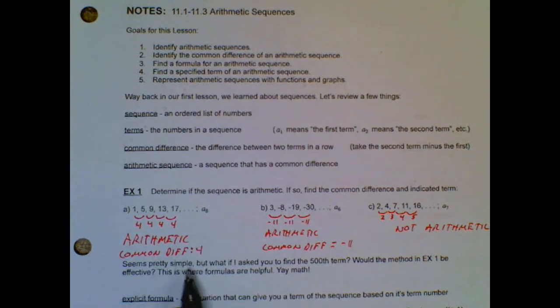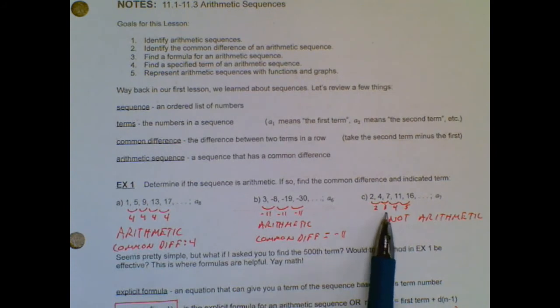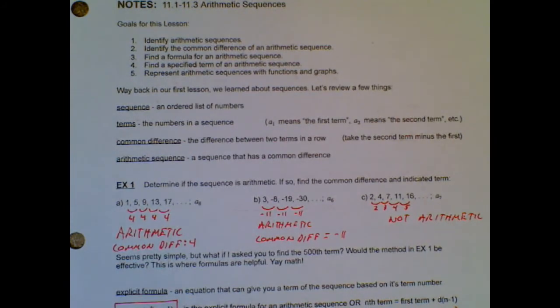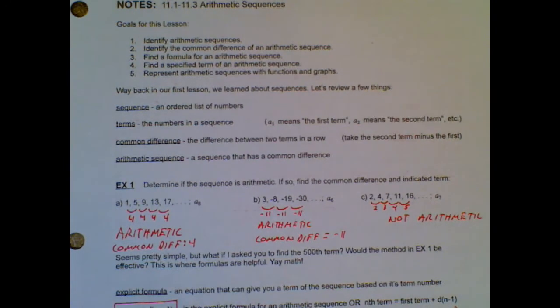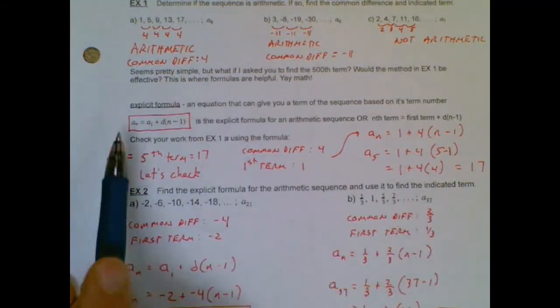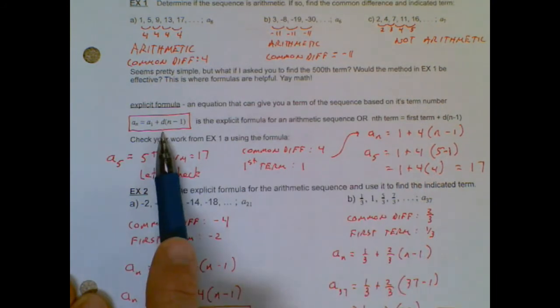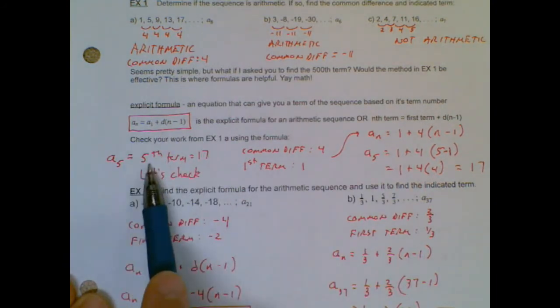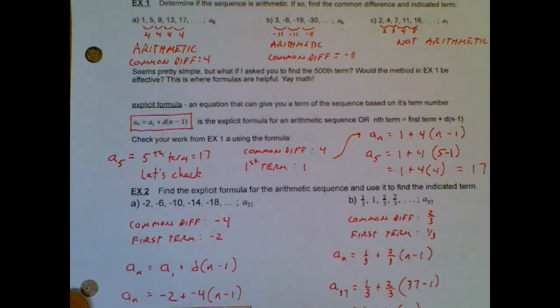This next section shows you an example of a sequence that's not arithmetic because the common difference is not there. It's not common. We have a 2, 3, 4, and a 5, whereas in an arithmetic sequence, the common difference is always the same number. This section shows you how to build your sequence given the first term and the common difference, but you should be already familiar with that.